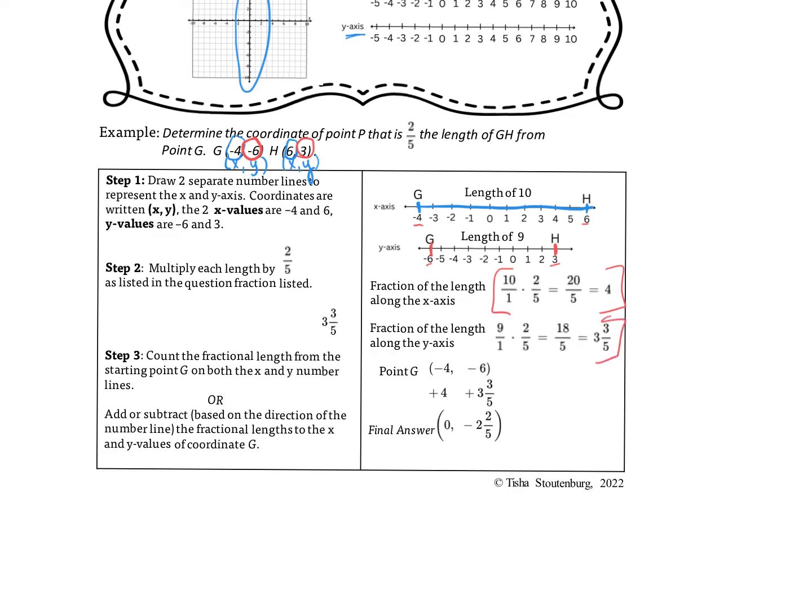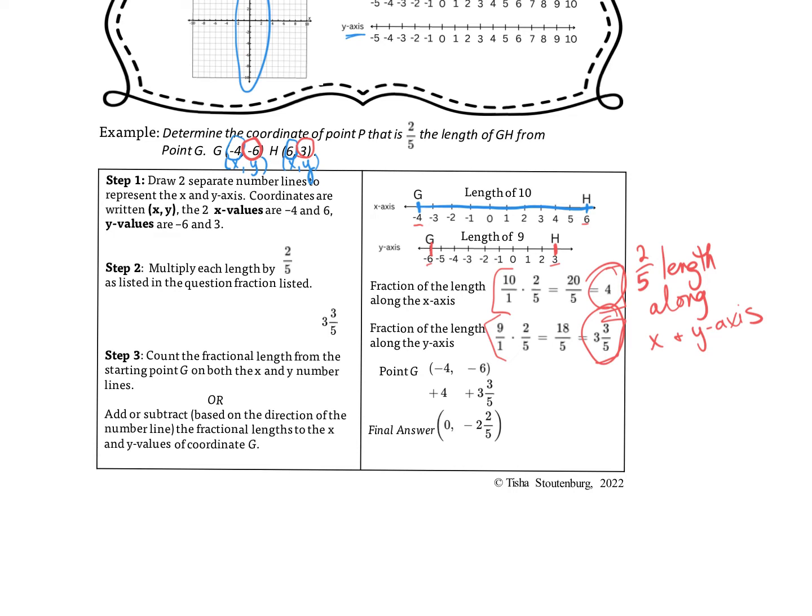And again, these 2 numbers represent 2/5 of the length along both the x and y axis. So once you find the total distance using the number lines and multiplying by the fraction, we can then do one of 2 things.